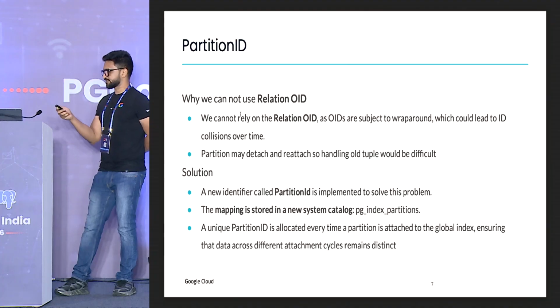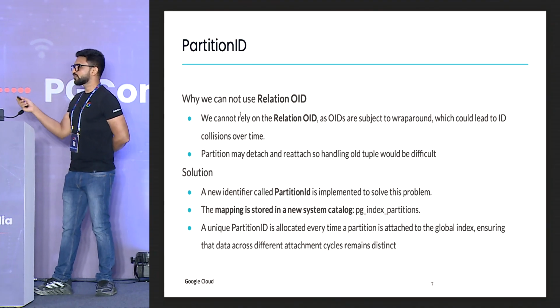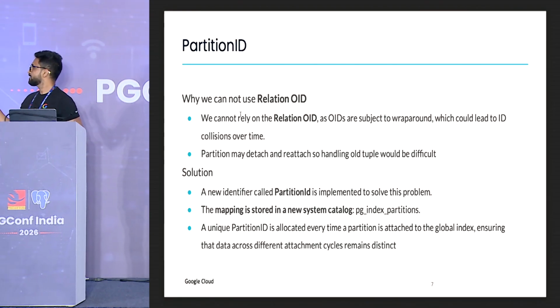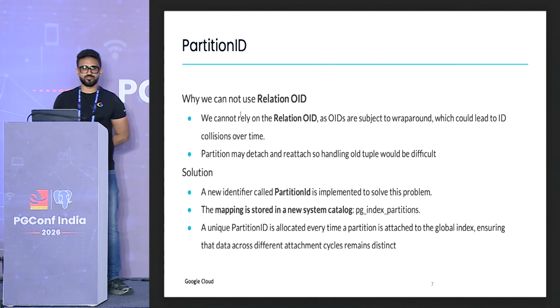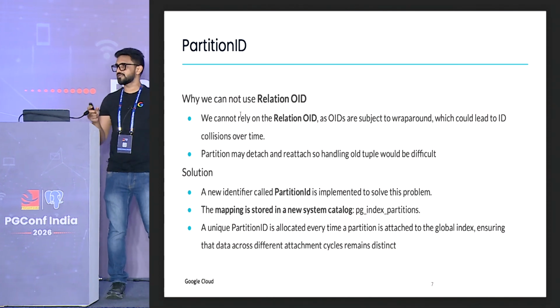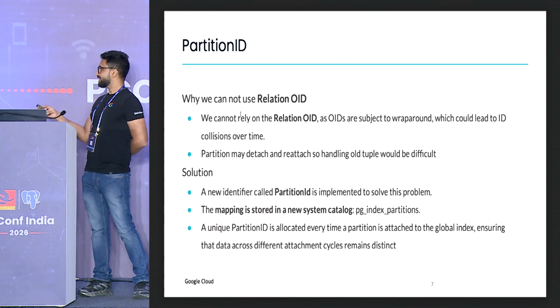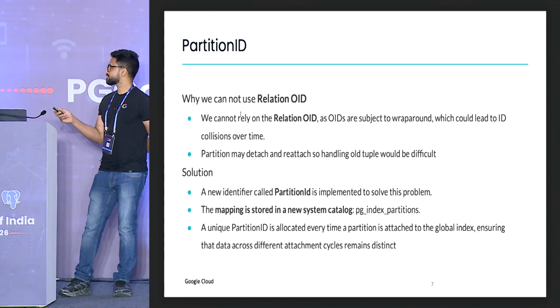It means you can differentiate between the older tuple and the newer tuple. For older tuples, the partition ID will be invalidated, and the new partition ID is assigned when you attach. It means when you see in the index a tuple which belongs to some partition ID which is invalidated, you can just ignore it. We'll talk about those when we get to the global index scan.